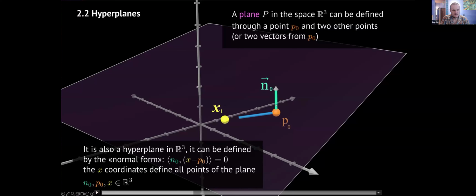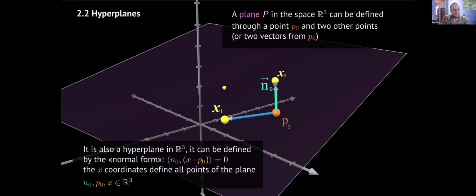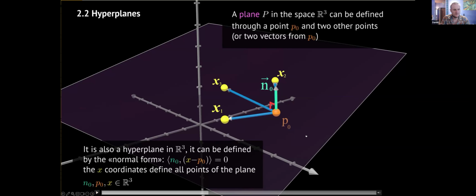P0 will be a point which this plane passes through, and x1 or x2, x3, any x will be a point on this plane, right? So any point we pick, if we draw a vector, it will be orthogonal to our normal vector. Okay? And vice versa, our normal vector will be orthogonal to any vector we pick on this plane. Okay?